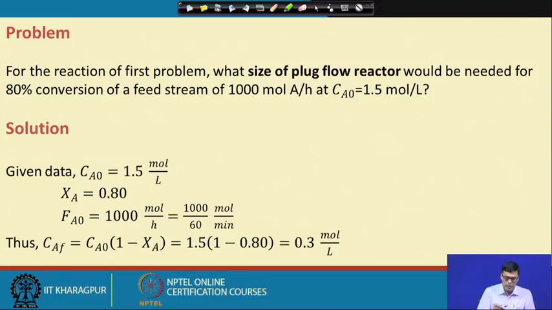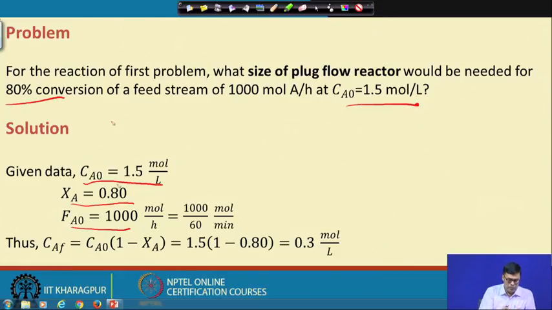Now, as I pointed out, first you have to write what things are given in the problem. CA0 is 1.5, and XA, the 80% conversion, is 0.8, and FA0 is 1000 moles of A per hour, which you can convert per unit time.